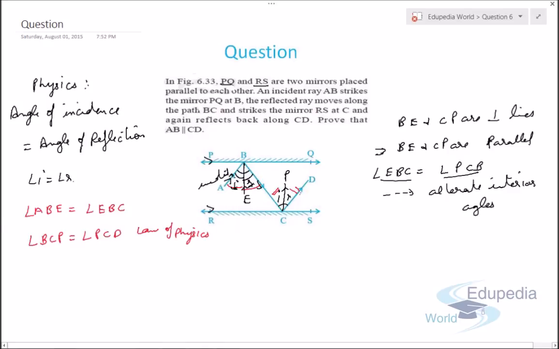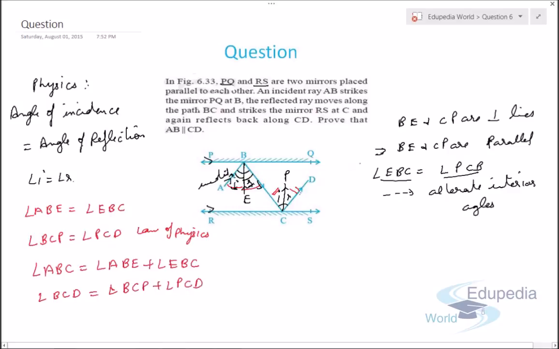So we can write angle ABC as angle ABE plus angle EBC, and we can write angle BCD as angle BCP plus angle PCD.